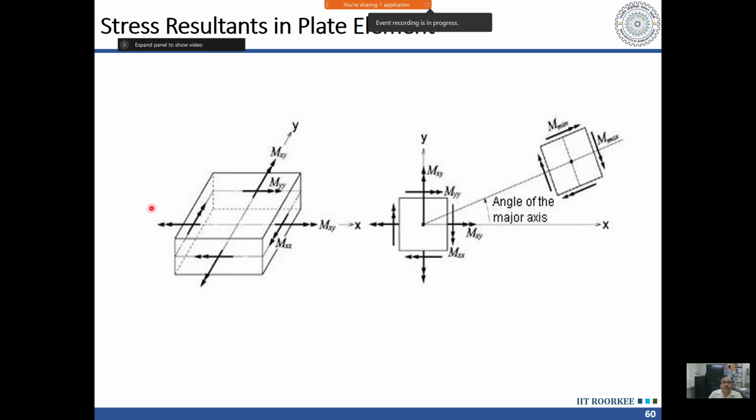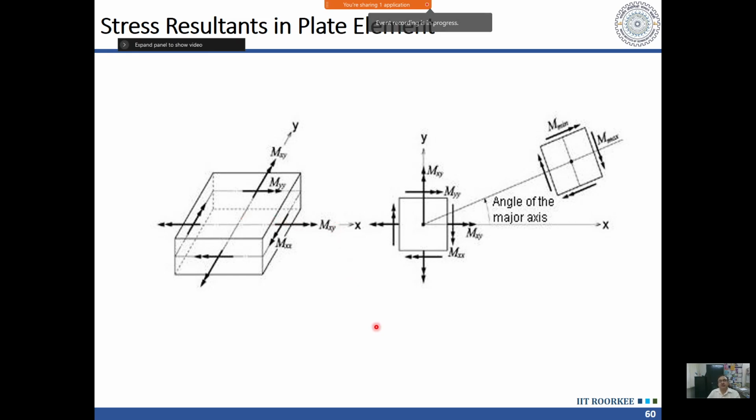For example, here in this case, one moment is Mxx and another moment is Mxy. On each face at any point we will get two moments, Mxx and Mxy in this direction. Similarly, in the other direction we will get Myy and Mxy. Now Mxx is the moment and Mxy is the torsion.